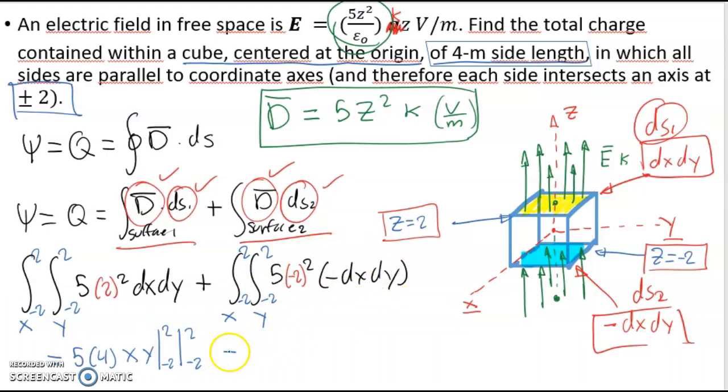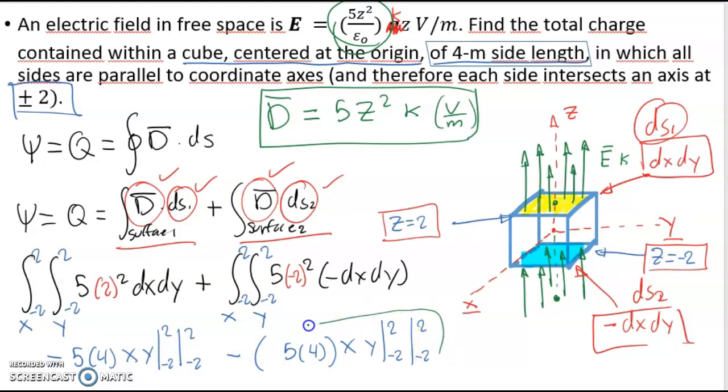This one is exactly the same, with a slight difference. Here we have a minus sign. That means we will have minus 5 times 4 times x, y evaluated from minus 2 to 2, minus 2 to 2. We can take this out, and these two elements are clearly the same magnitude, only one has a negative sign. That means the answer is going to be 0.